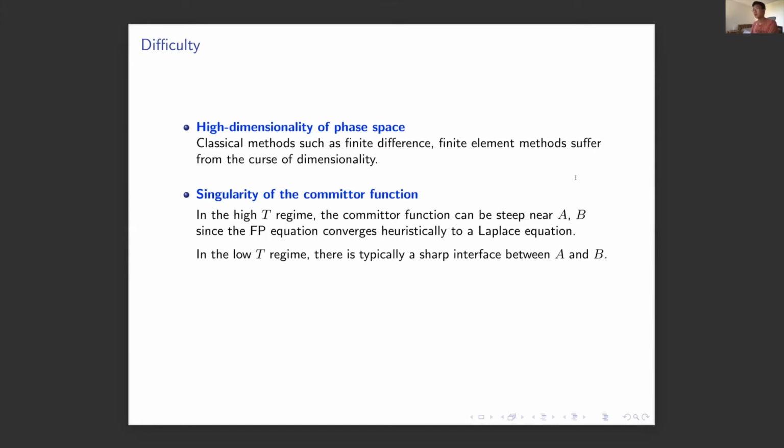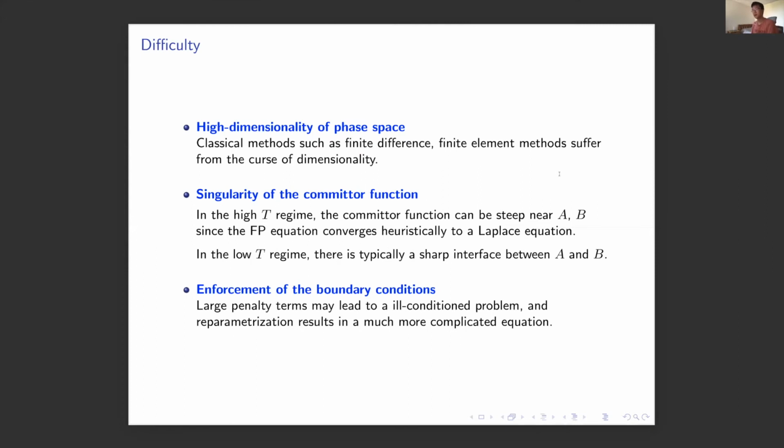For example, in the high temperature regime, the committor function can be steep near A and B, because in that case, the Fokker-Planck equation converges heuristically to a Laplace equation. And in the low temperature regime, there's typically a sharp interface around the transition area between A and B.